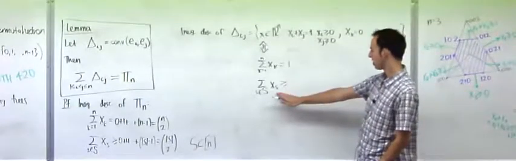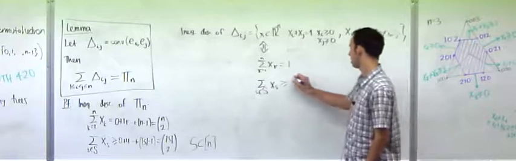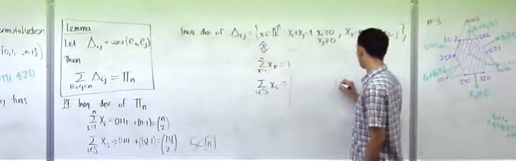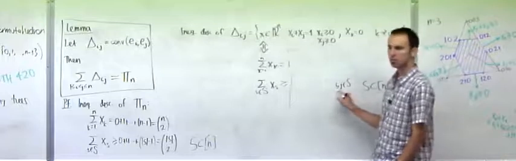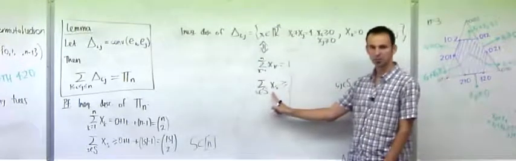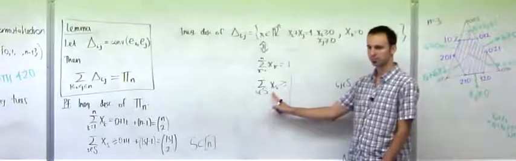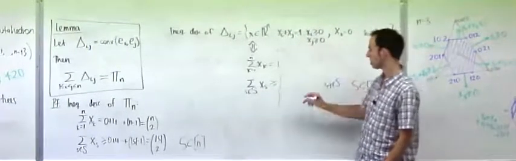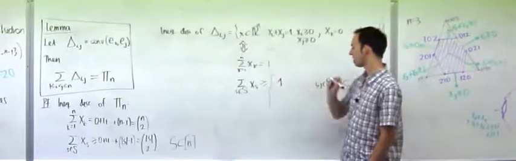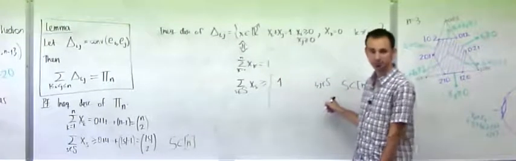Well, I'm going to make a similar argument and say that if i and j are in S, then this contains xi plus xj, which is 1, and all the other things are bigger than or equal to 0. So this is going to be greater than or equal to 1 if i and j are in S. Okay?